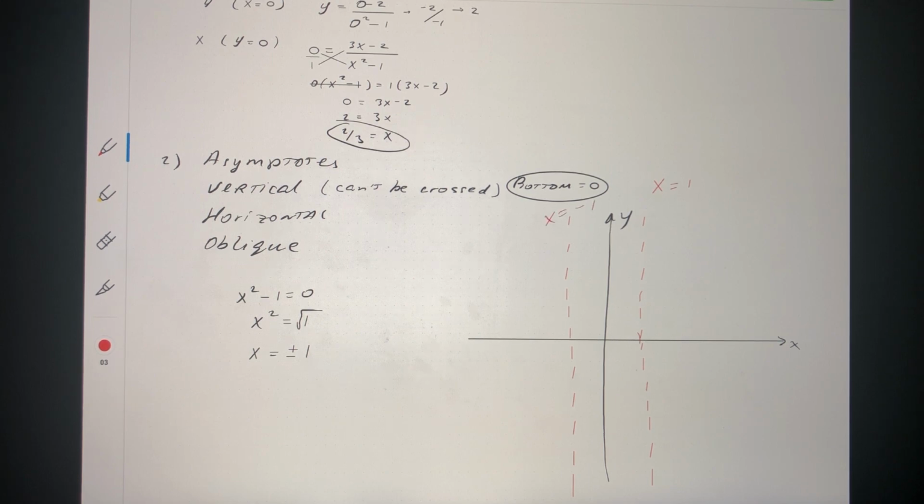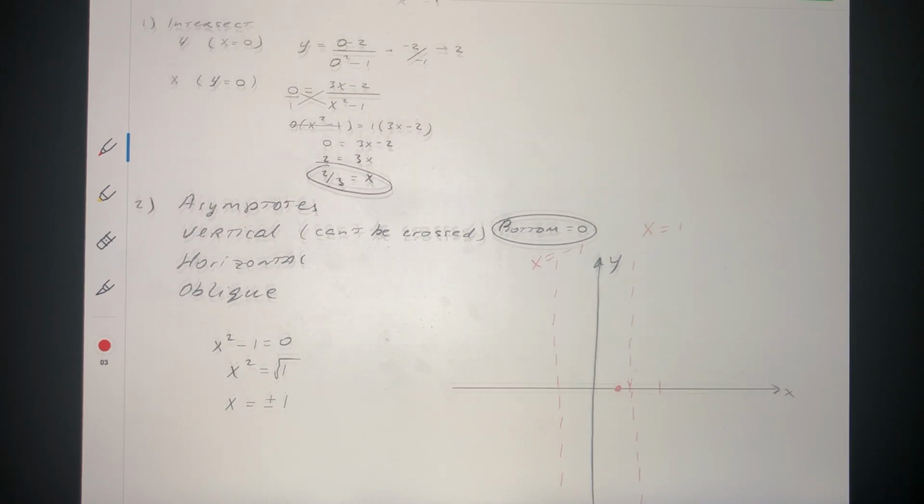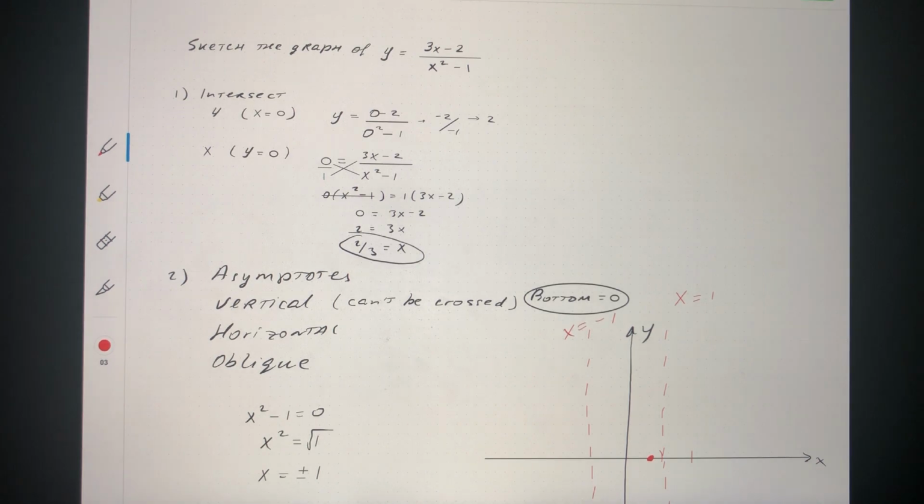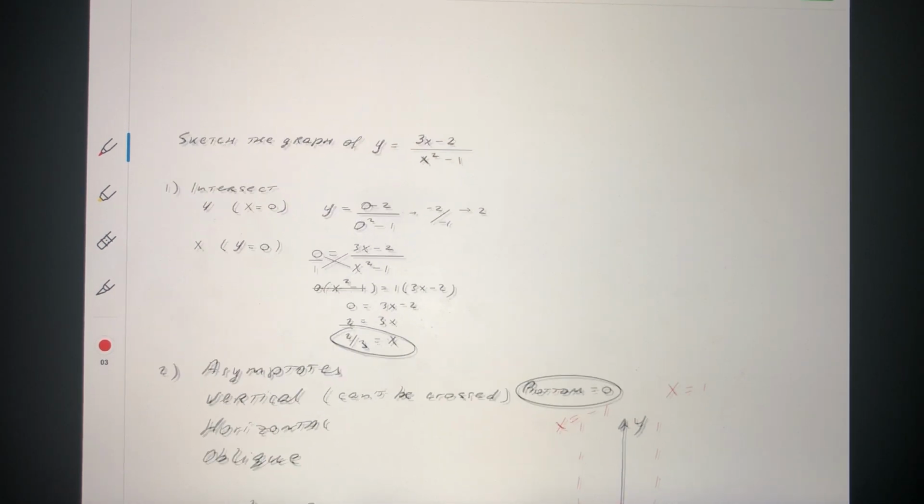Now the x-intercept is 2/3, so if this is 1, then 2/3 is less than 1, it's 0.6, so this is our x-intercept. The y-intercept happened to be 2, so here is the 2, that's the y-intercept.